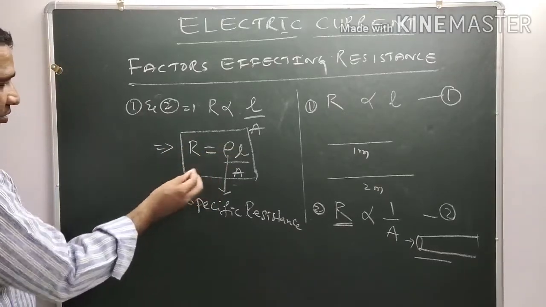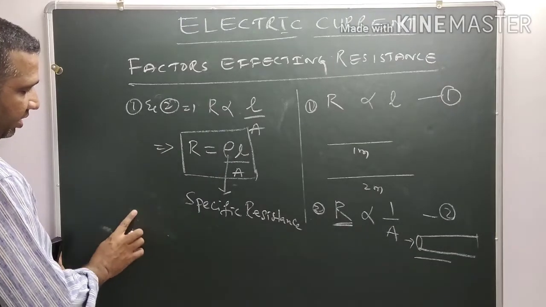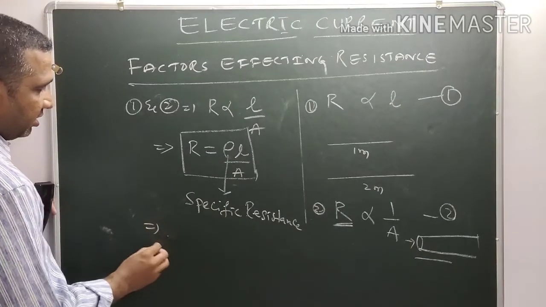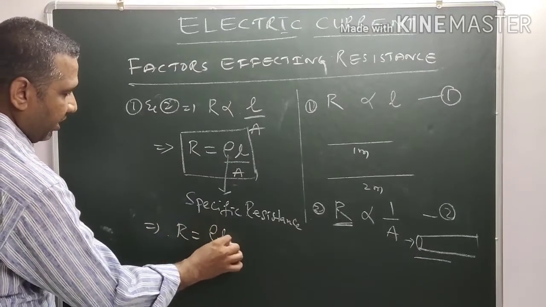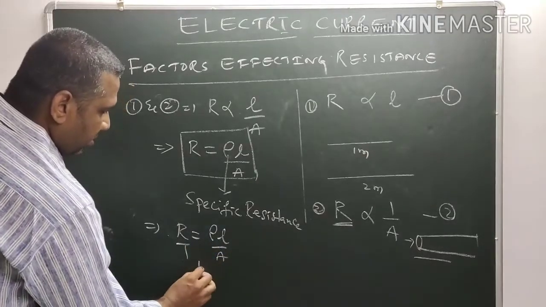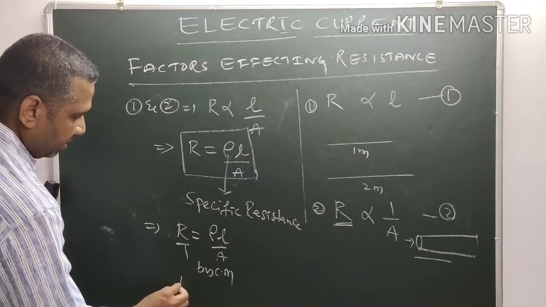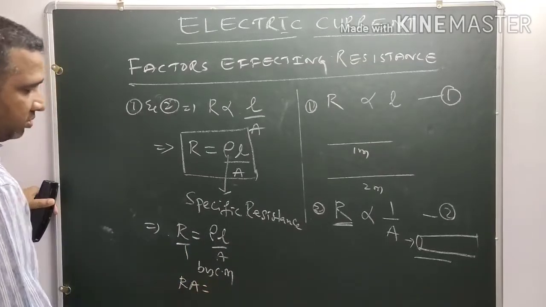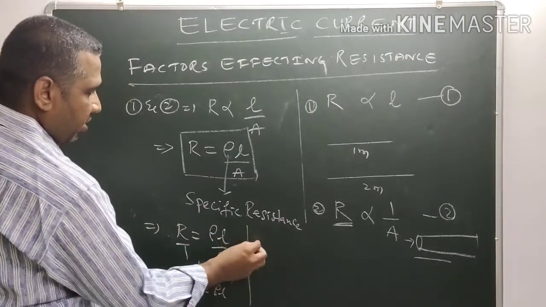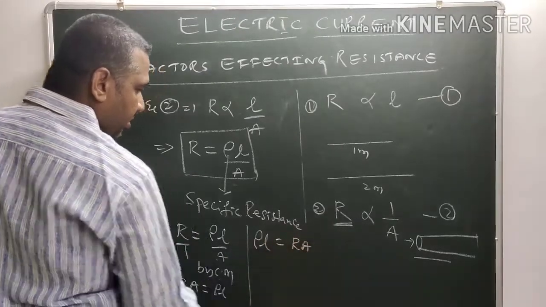Now what are the units? We can also frame the equation for specific resistance. R equals rho L by A. We can also do the cross multiplication here. So R into A, that is RA, equals rho L. So rho L equals RA, only rho.